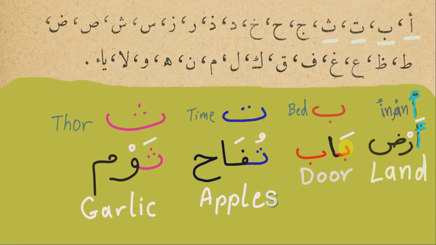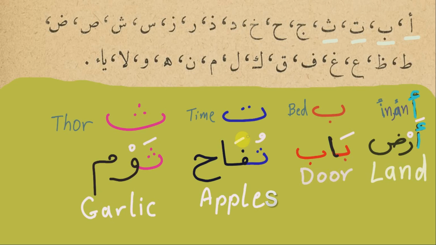So this ba, bab. In this word you have another ba here, and it looks just like this one. This one is door. Bab. The reason I know how to say ba, not bu or b, is because of this, which indicates ba, bab.